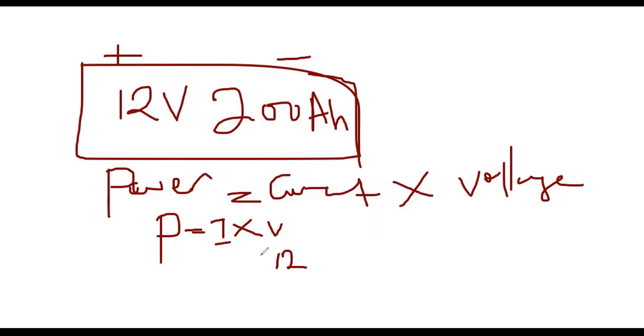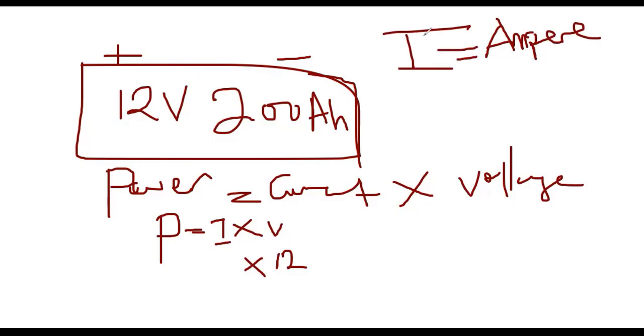So this is 12, multiplied by the current. The unit of current is the ampere, symbol I. The SI unit is ampere, but for batteries, it is called ampere hour. So for this, I'm still going to use ampere hour.